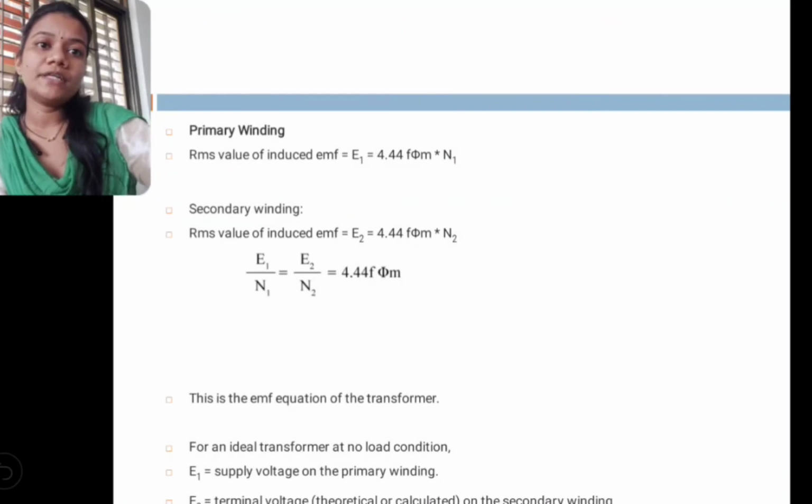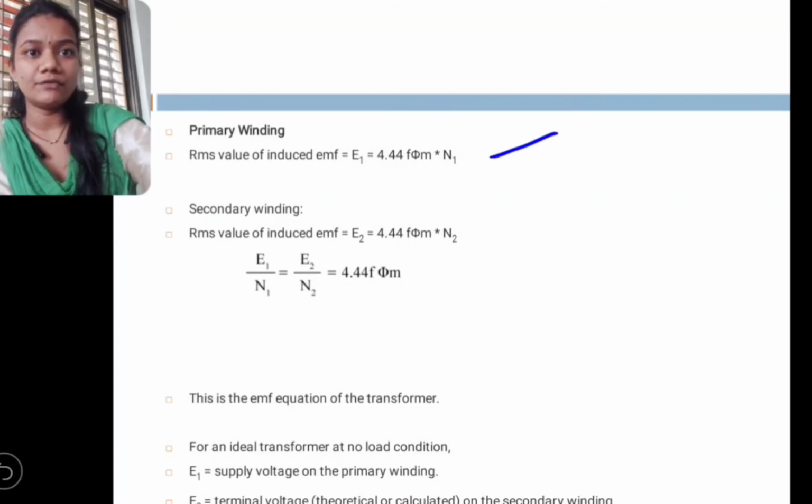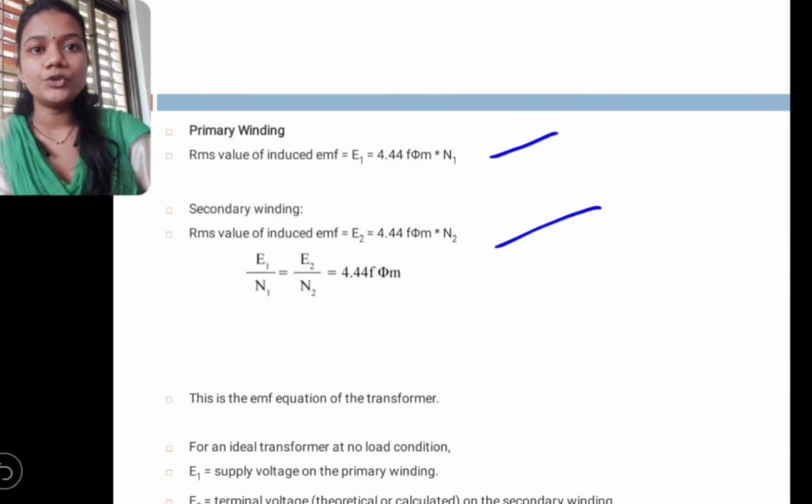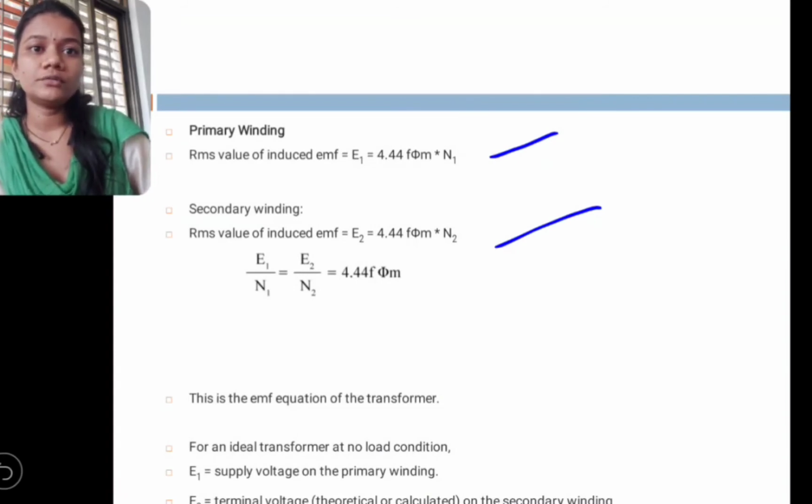For the primary winding, the RMS value of induced EMF we call E1. It is 4.44 into f phi m into N1, where N1 is your primary winding. For the secondary winding, the same formula applies, the difference being N2, which stands for the secondary winding. From this, E1 upon N1 is equal to E2 upon N2, which is equal to 4.44 f phi m.